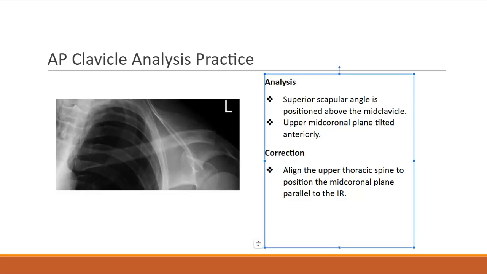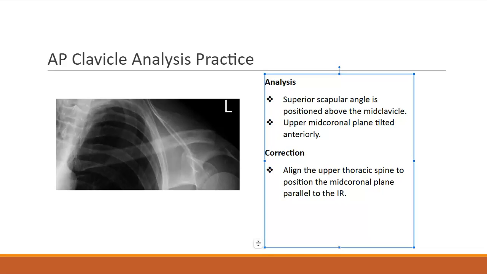So let's take a look at this practice analysis. First, we want to ensure that we have all our anatomic structures. We have the clavicle from its medial clavicular end, but we do not include the entirety of the acromion process. So we do need to account for that in our repeat image.